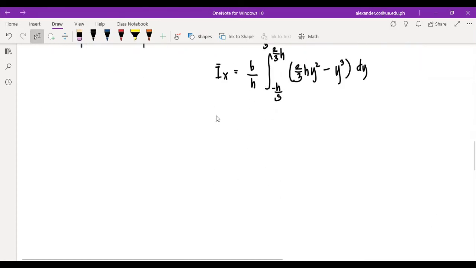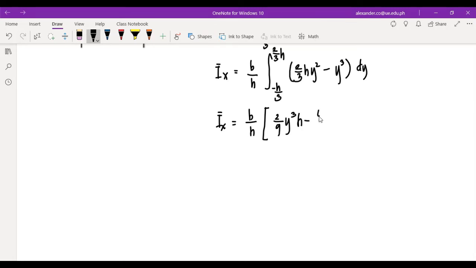So by integration, it is simply b over h times the integral. The integral of y squared is y cubed over 3, so 2 divided by 3 times 3 is 9, giving 2 over 9 y cubed h.